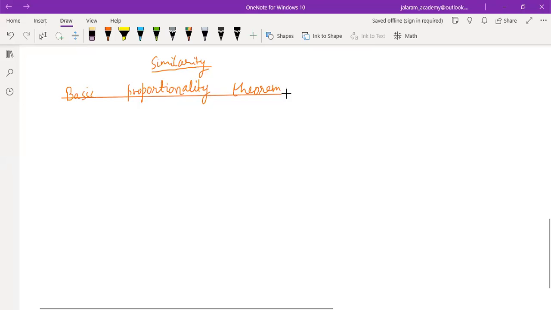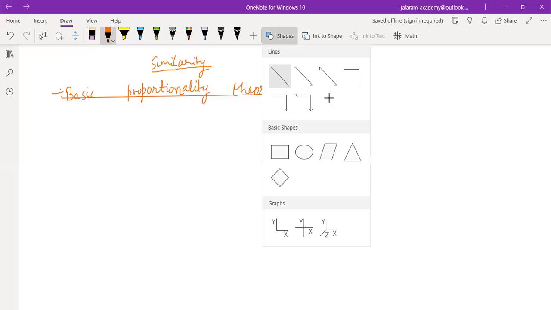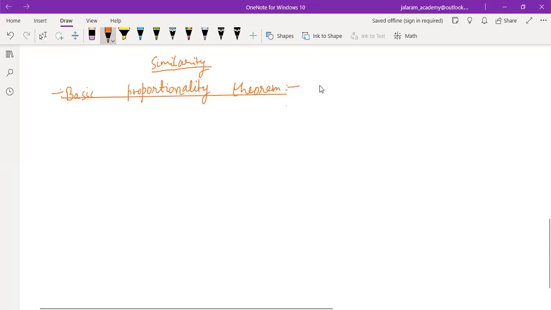So before we discuss the basic proportionality theorem, first we have to learn and understand its statement. This theorem is also called, remember, Thales theorem.